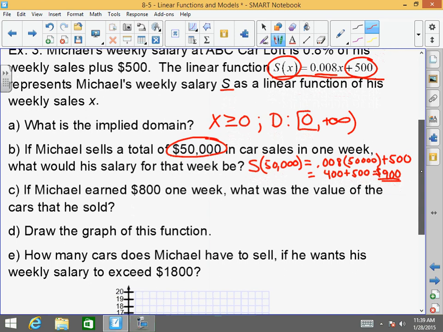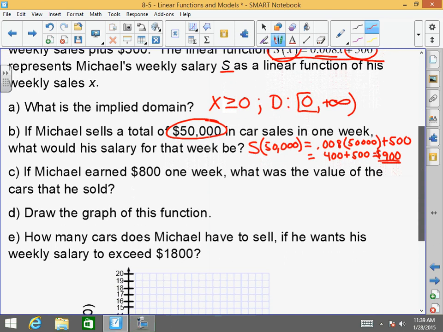Now, what if I say to you, if Michael earned $800 in 1 week, what was the value of the cars that he sold? Now, in this case, my friends, this is the s of x. This is the actual salary that you earned. I'm trying to find the x.